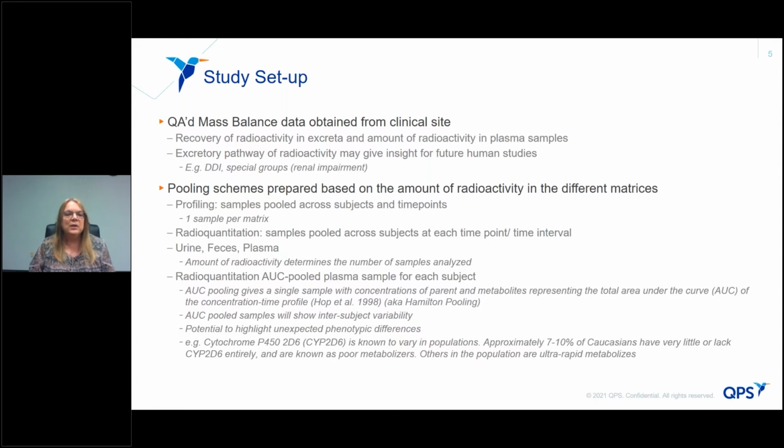So it has the potential to highlight unexpected phenotypic differences, such as cytochrome P450 2D6, which is a well-known variable in populations, and so you may have a normal range, you may have people who are poor metabolizers, and you also may have ultra rapid metabolizers, and that may or may not show up in your study.